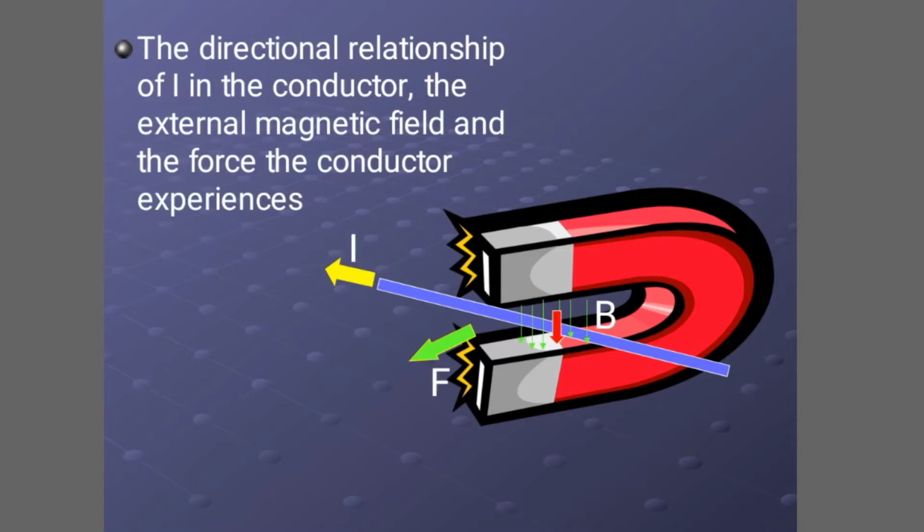As we know, opposite poles attract and same poles repel. If you place a north and south pole near each other, they will attract, and uniform magnetic lines will be generated there. As I have shown here, if a conductor is placed in a magnetic field, the magnetic lines are formed here, shown in green. F is the force, I is the current, and B is the magnetic flux.